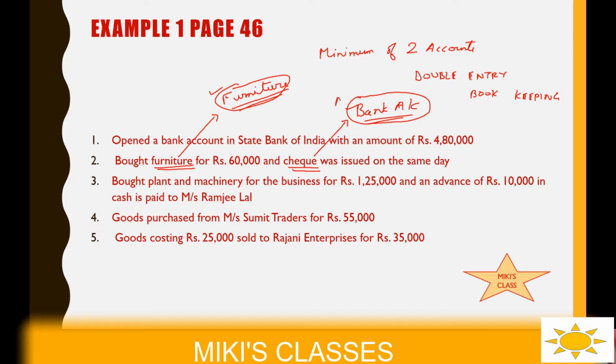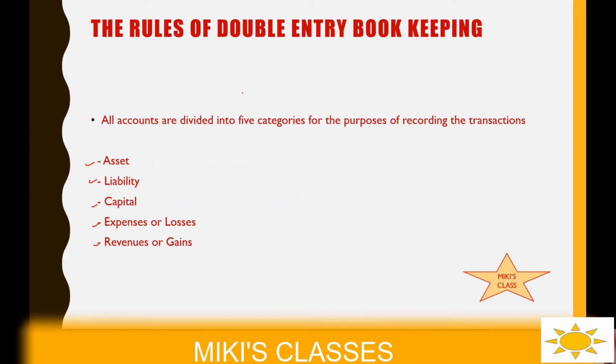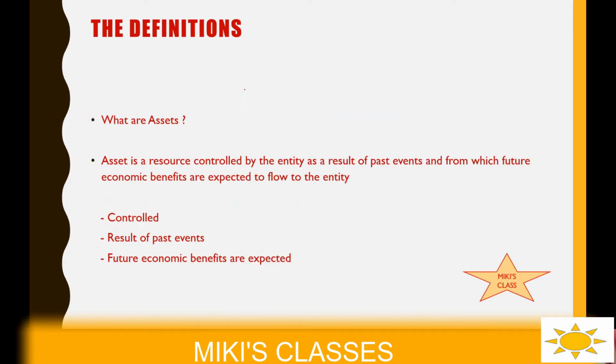We already know that bank is an asset from the last example, right? So we don't have to check again. Bank is automatically an asset. How about furniture? Let us check. If we go to the definition here and check for furniture, is the furniture, after it is purchased, controlled by the business?